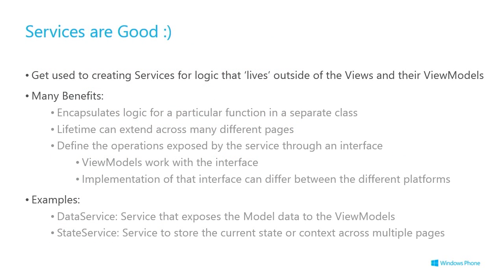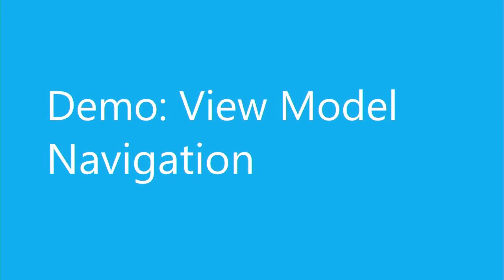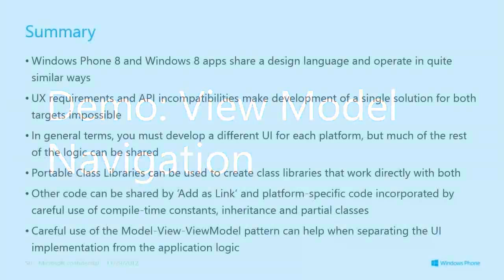And this is a good approach for having services like this, so that you can remove these differences and keep them from polluting your design. I'm going to skip that demo because we're really getting short of time on this one. So the code is available for you to download, so you can have a look at the implementation of that.